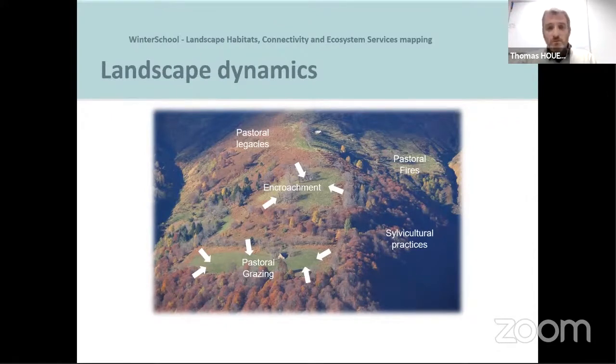There are anthropogenic disturbances like pastoral fires. There are some kinds of legacies in terms of past practices. There are natural processes like encroachment or grazing, meaning that I think we should take more into account this kind of landscape dynamics in our assessment.